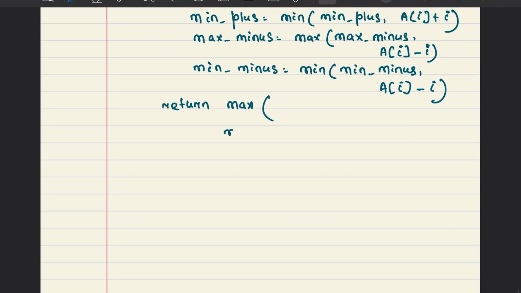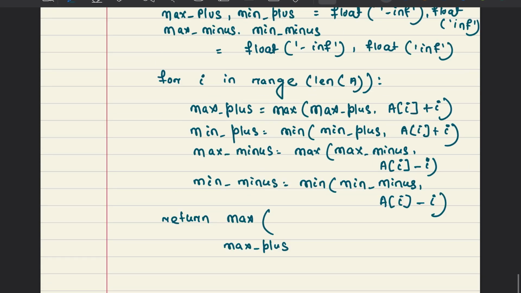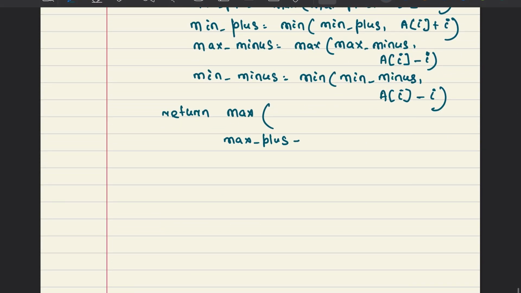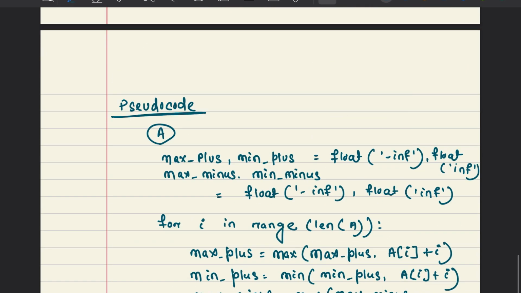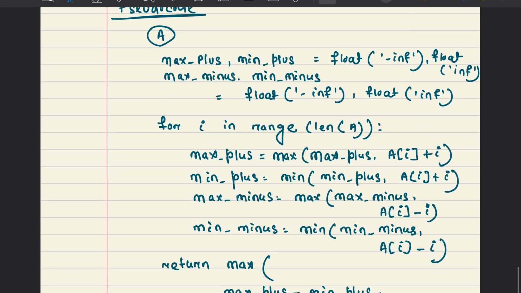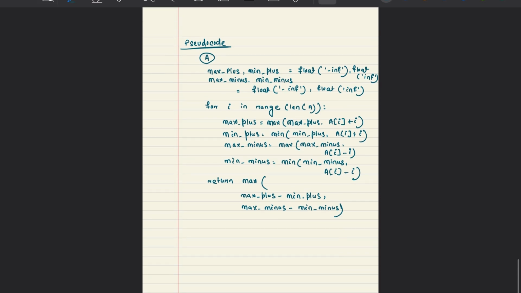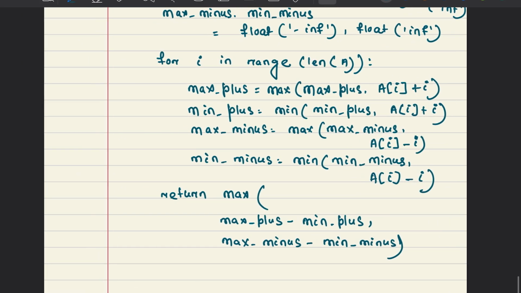We can just do max of max plus minus min plus, and max minus minus min minus difference. So when we return the max of it, that will be our maximum result.